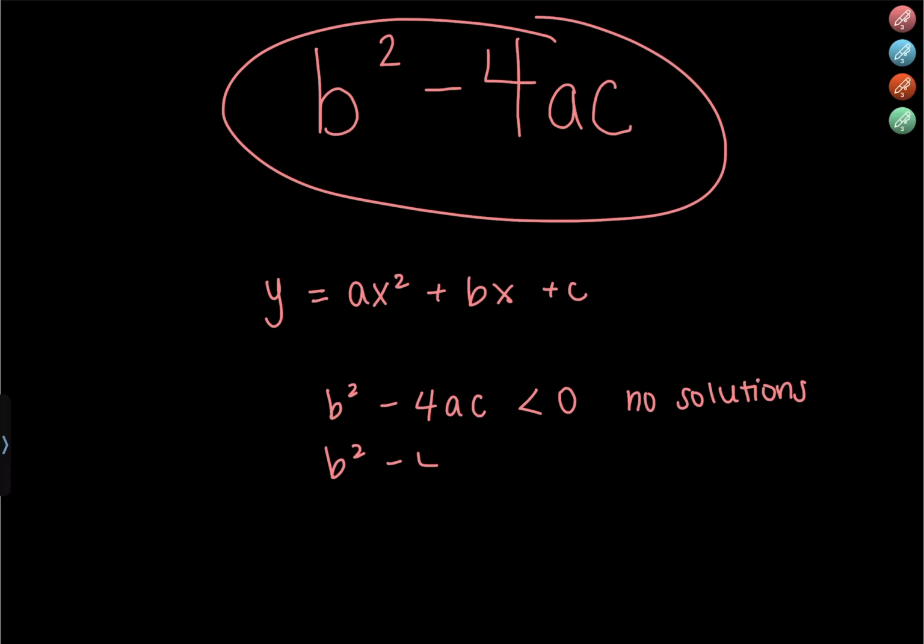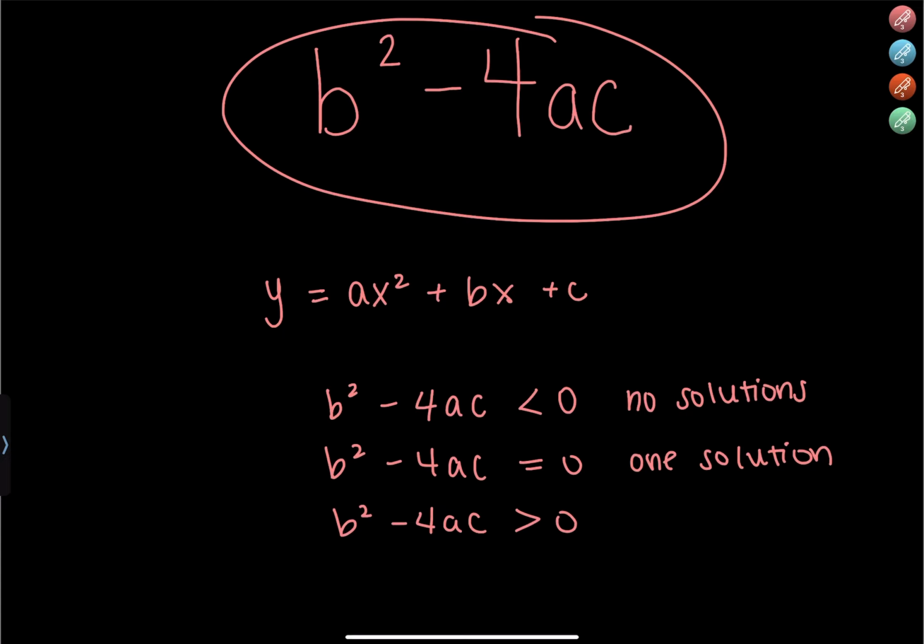If your discriminant is equal to 0, then you have one solution. And if your discriminant is greater than 0, so if it's positive, then you have two solutions.